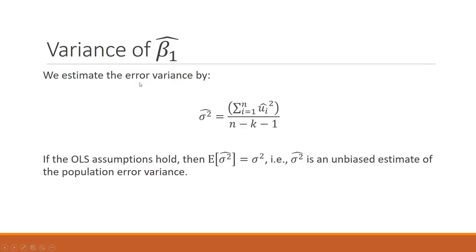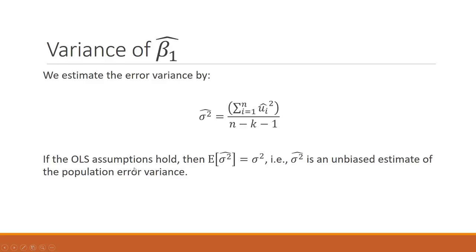We estimate the error variance this way: sigma squared hat, the estimated variance of the error term, equals the sum of the squared residuals divided by n minus k minus 1. This is our estimate of the variance of the error term.